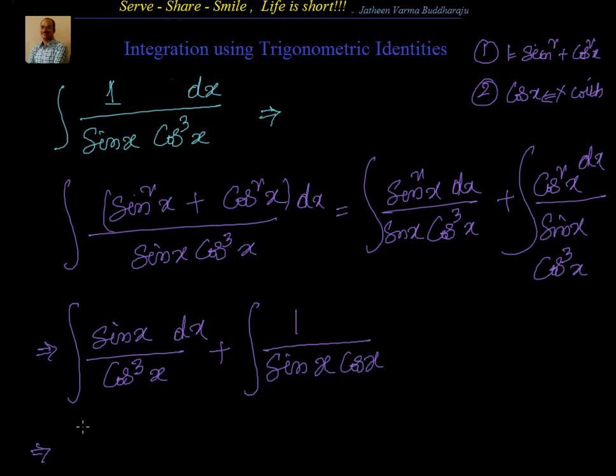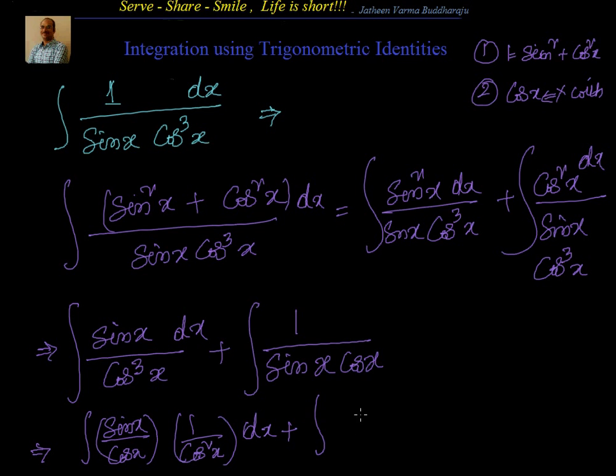Equal to integral of sin x by cos x into 1 by cos square x dx plus integral of, now see here I have sin x cos x, but if I multiply and divide with cos x, what this becomes?